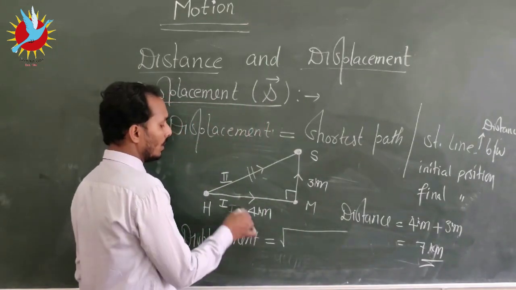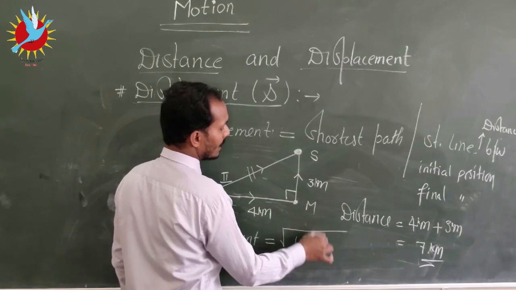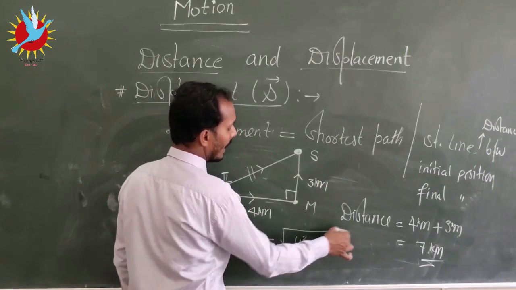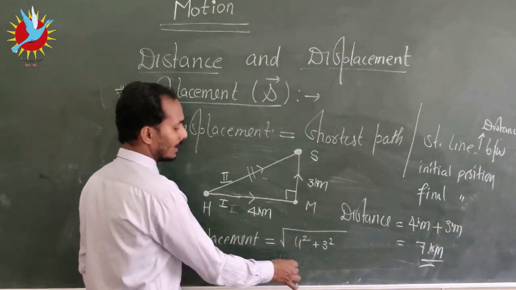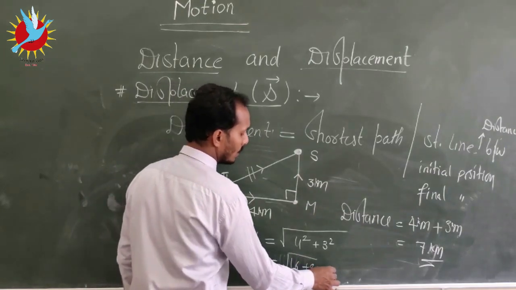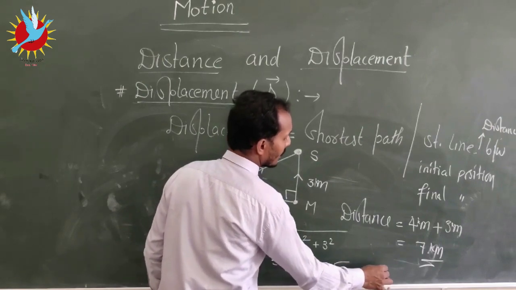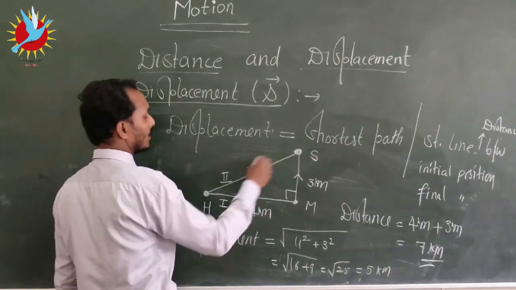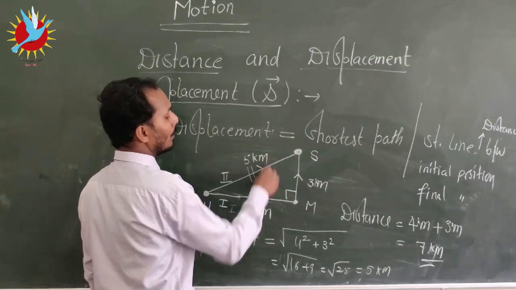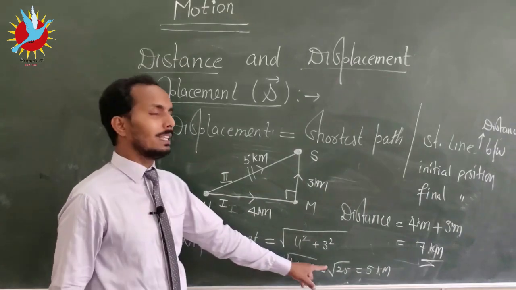Its value becomes the square root of 4 kilometer square plus 3 kilometer square, which is the square root of 16 plus 9, that is 25, which means 5 kilometer. So this is the shortest path, this is the displacement.